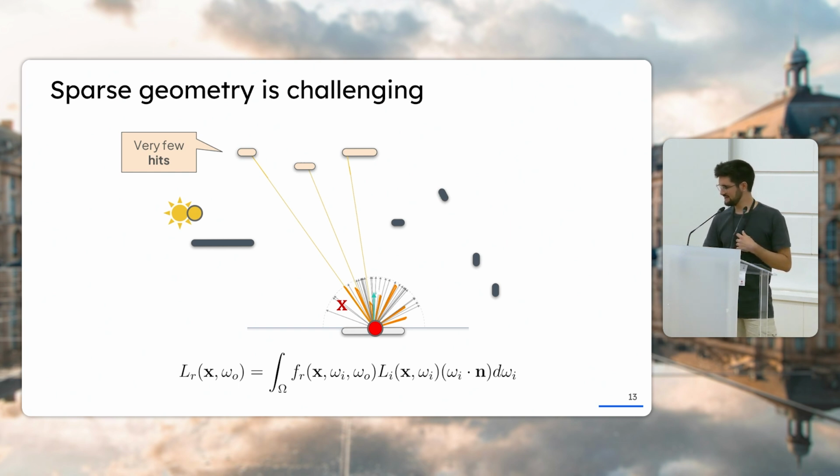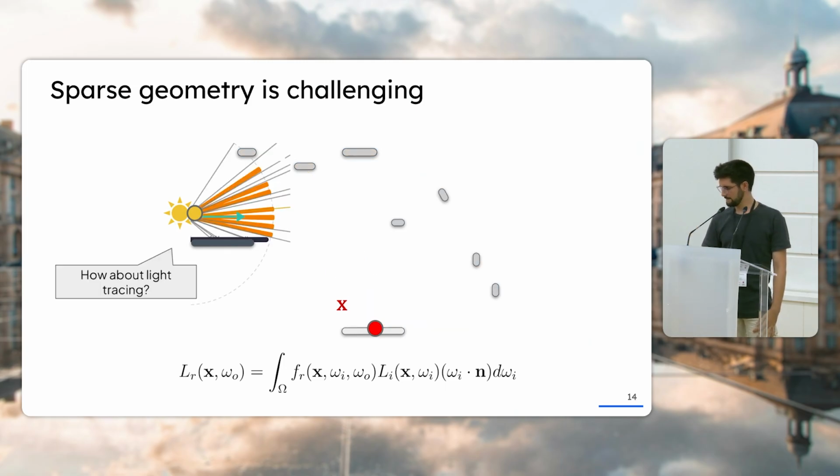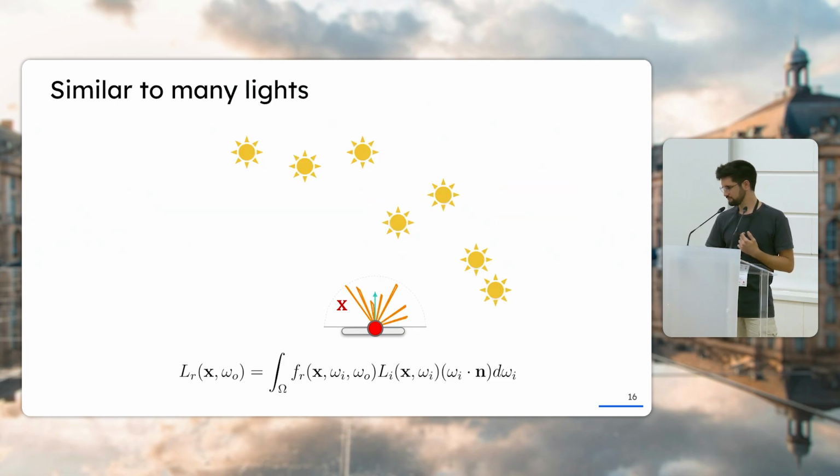And therefore, we have a huge variance since these very many samples, shown in gray here, do not contribute anything. In the same way, if we were to do light tracing, we would also get very few hits. So this doesn't solve the problem.